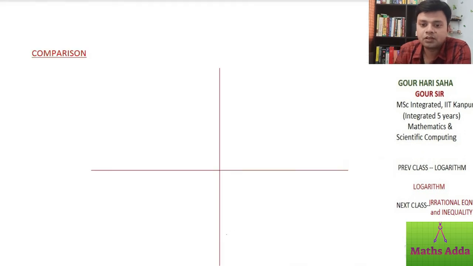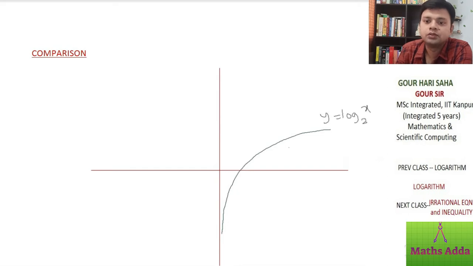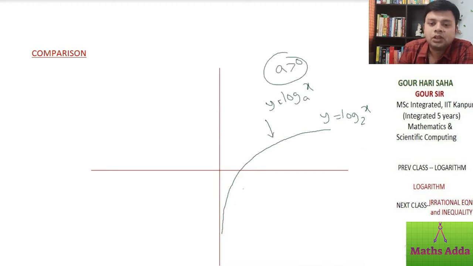So y is equal to log x is like this one. If you plot it, it will look like this. It is y is equal to log x base 2. So this is the graph for y is equal to log of x base a, where a is greater than 1. Clear? And then the other graph is this.